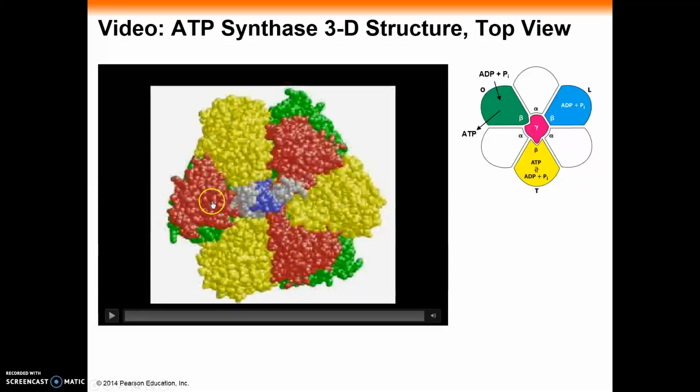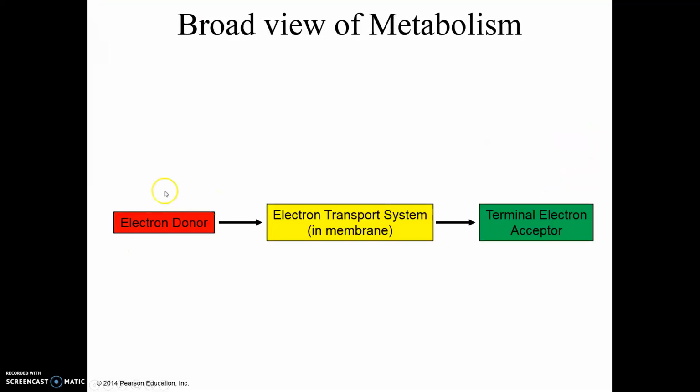Now, always remember that we have an electron donor, we have an electron transport system that is embedded in a membrane, and we have a terminal electron acceptor. Our donor is food, and that is a source of high energy electrons. We are going to dump those low energy electrons that spent their energy in this electron transport system, dump them onto oxygen and make water.